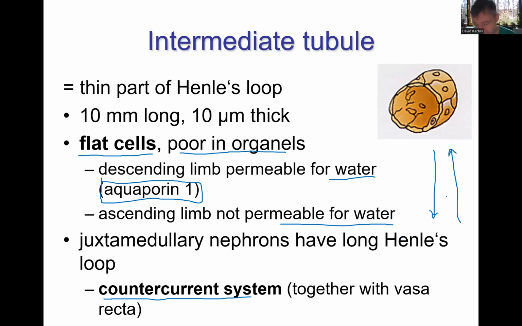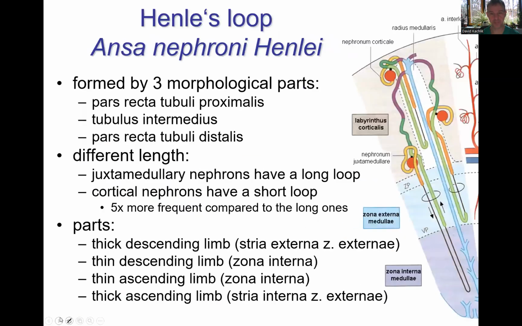And these moving fluids change the concentration of the ions, so it forms a constant gradient from urine to blood. The details will be explained in physiology, and I will come to some of the details a bit later.